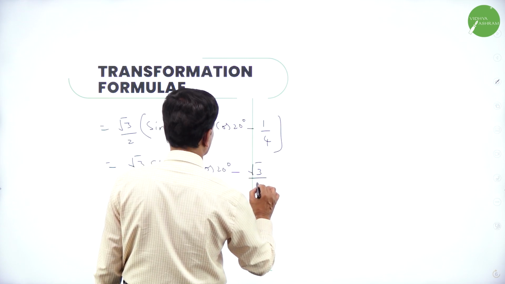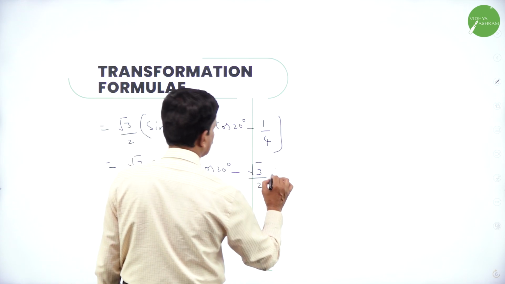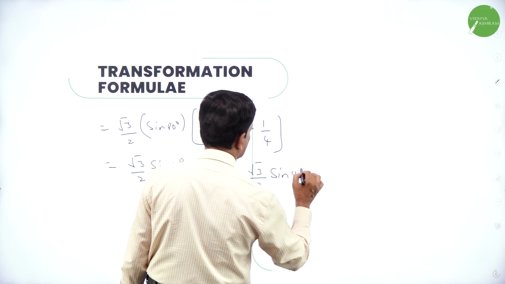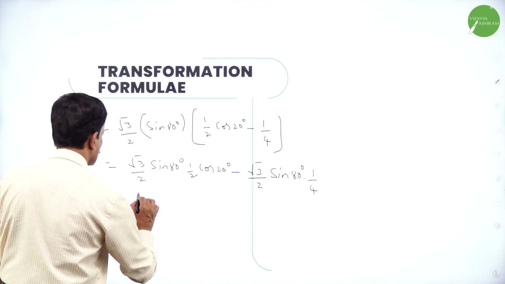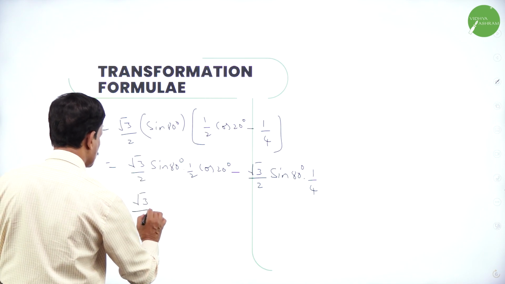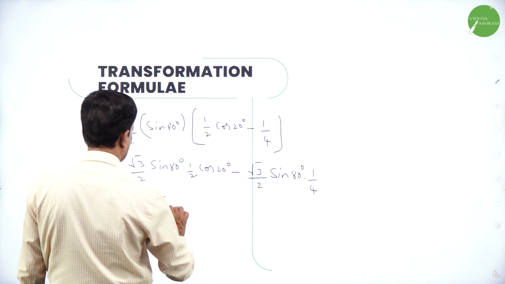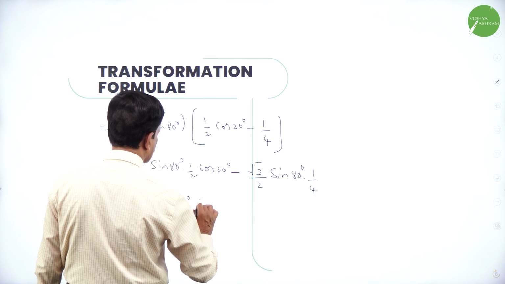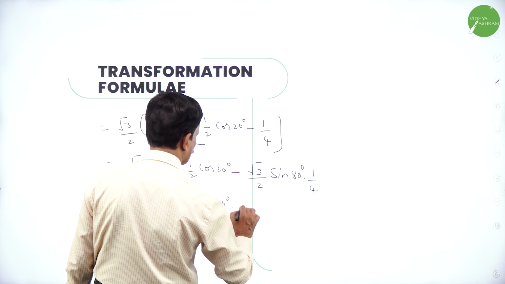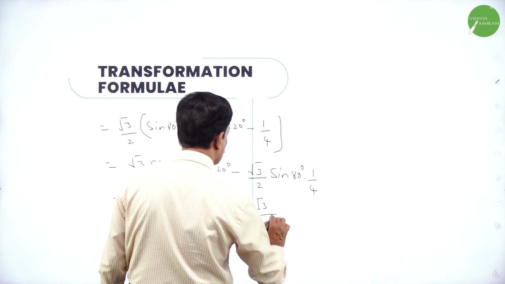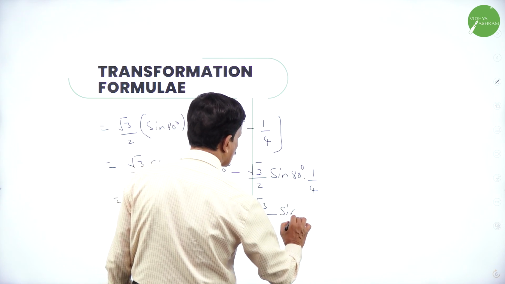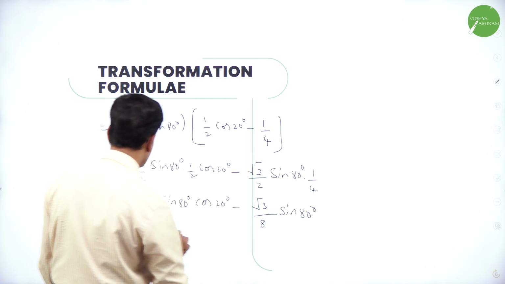So this is root 3 by 2 sin 80 into half of cos 20 degrees minus root 3 by 2 sin 80 into 1 by 4. So this can be written as root 3 divided by 4 into sin 80 degrees cos 20 degrees minus root 3 by 8 times sin 80 degrees. Now simplify this.